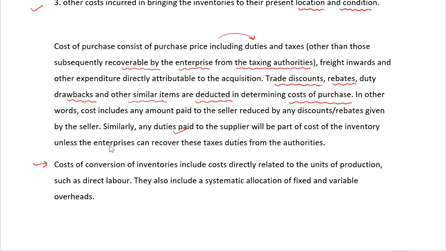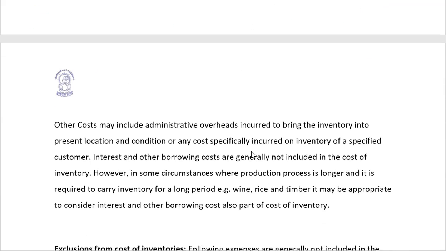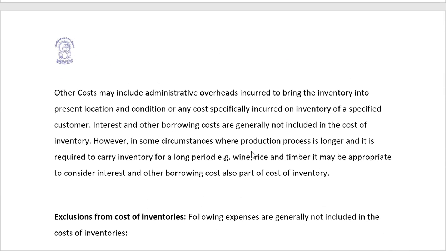Cost of conversion of inventories includes cost directly related to units of production, such as direct labor. They also include a systematic allocation of fixed as well as variable overheads. Other costs may include administrative overheads incurred to bring the inventory into present location and condition, or any cost specifically incurred on inventory of a specific customer.